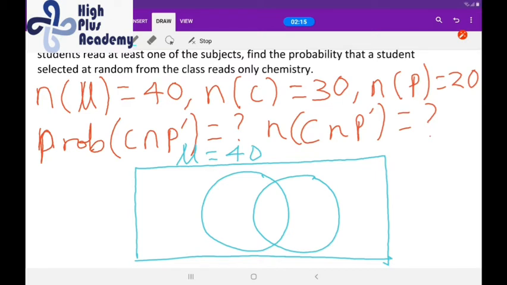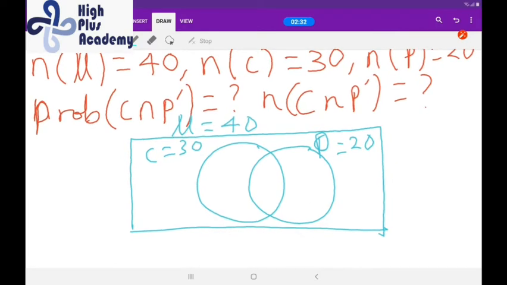So we have chemistry to be 30, the number that read physics to be 20, and the center is those that read both chemistry and physics. So we can represent the number that read chemistry intersection physics. Let's use that as y.